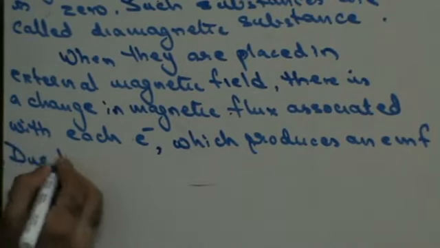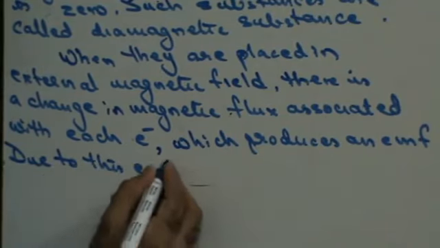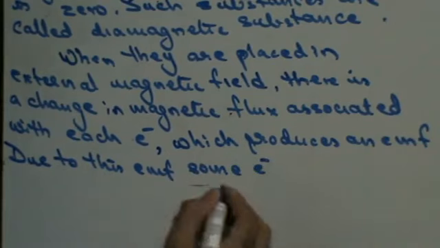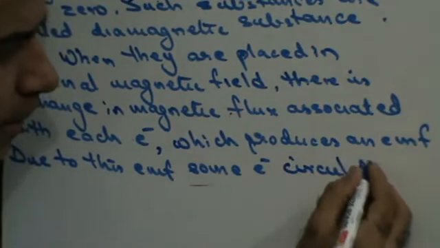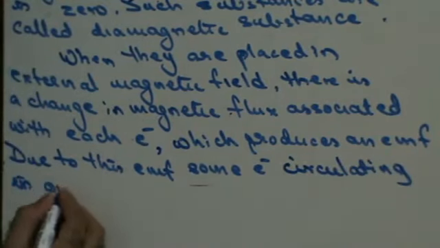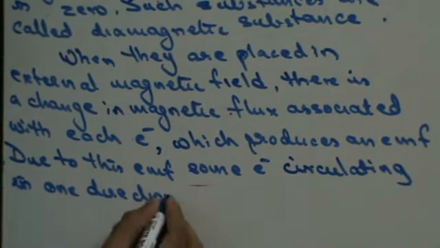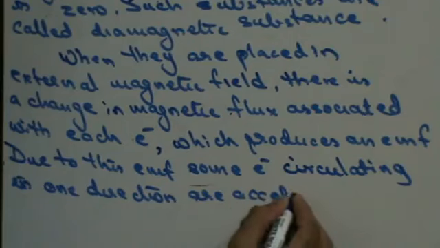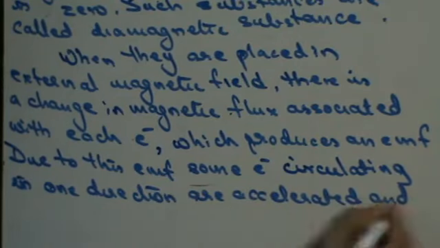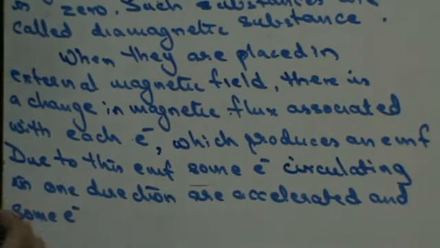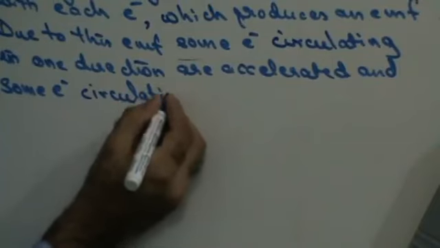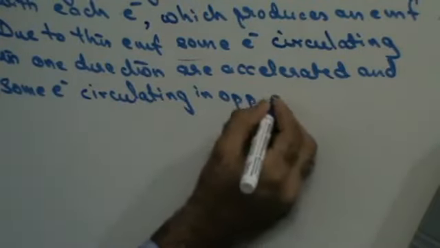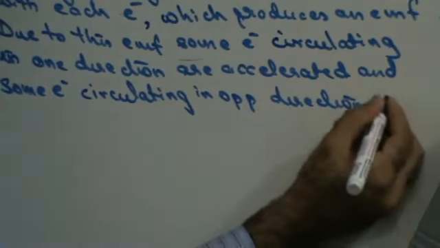I can say due to this EMF, some electrons circulating in one direction are accelerated and some electrons circulating in the opposite direction are retarded.